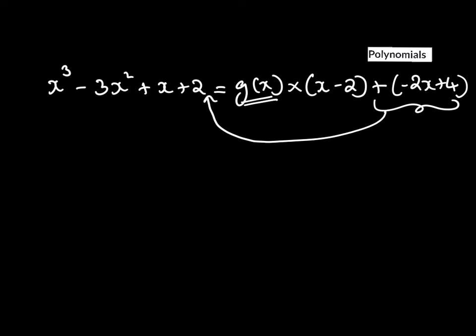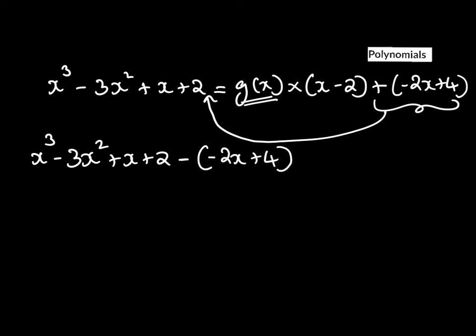So the plus will become minus. So we are left with x^3 - 3x^2 + x + 2. When we move the term to the other side, it will become minus (-2x + 4) equal to g(x) times (x - 2).